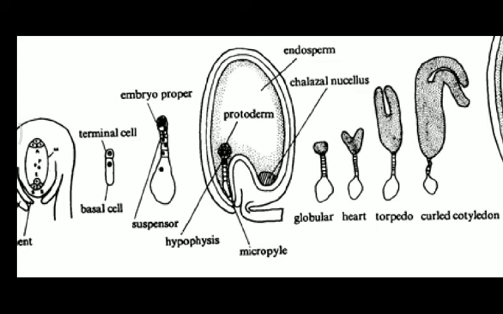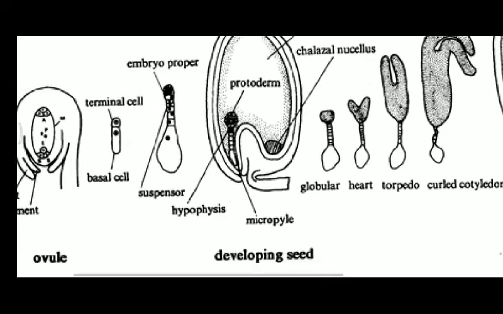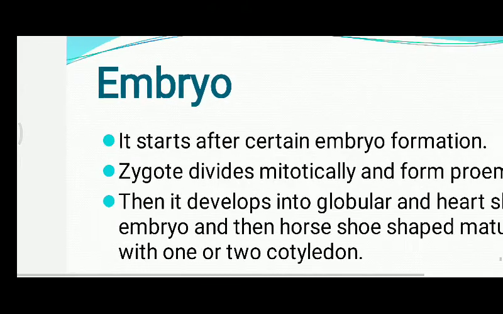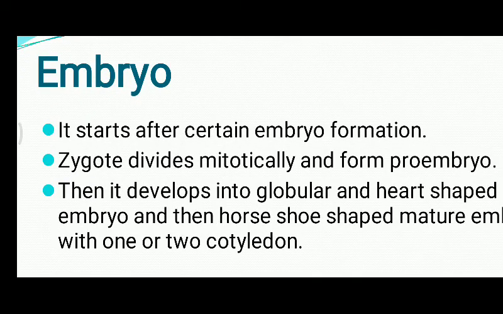Now let us consider the main parts of the basic structure of the embryo. If we study in detail, an embryo consists of an embryonal axis. In the middle of the embryonal axis, the cotyledons are present.